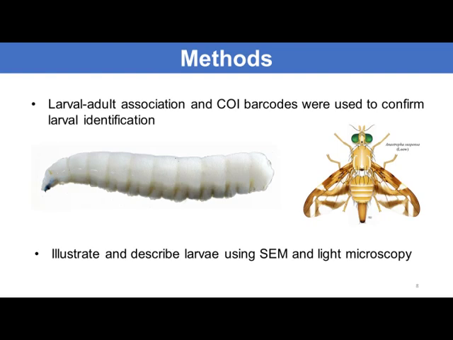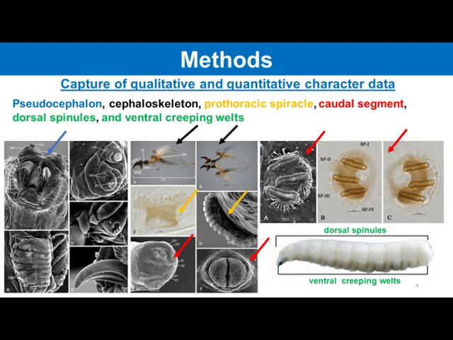Behind this, there is a lot of work, multiple trips to South America, Panama, Central America. I did a lot of the collecting of both larvae and adults. The good thing here is also that every immature we are looking at, we are using DNA just to confirm the identity. The other thing is to prepare a specimen and illustrate it using a scanning electron microscope and light microscopy.